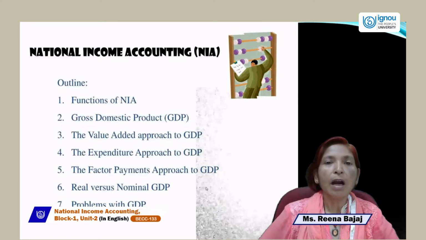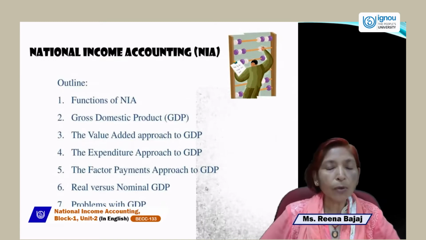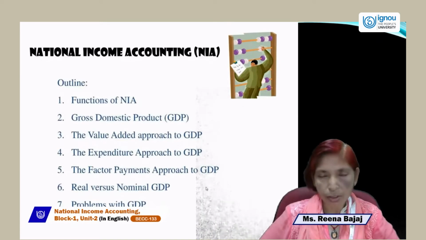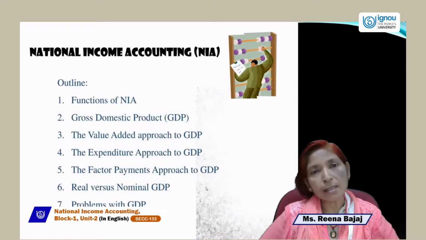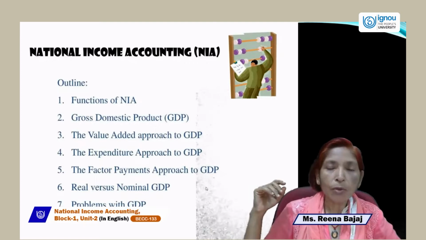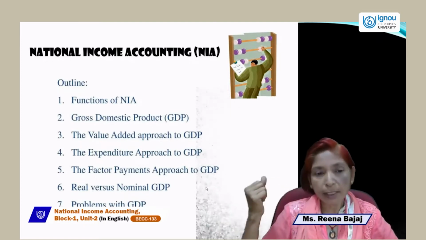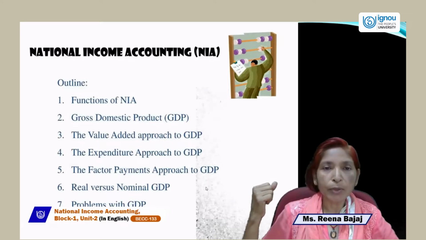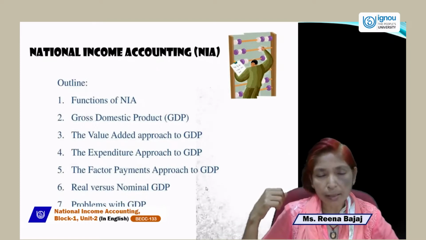Next is how GDP is estimated with the help of the value added method, which is also known as the product method or output method. The second method is the expenditure method: how GDP is computed with the help of the spending method, expenditure method, or outlay method, all are the same.